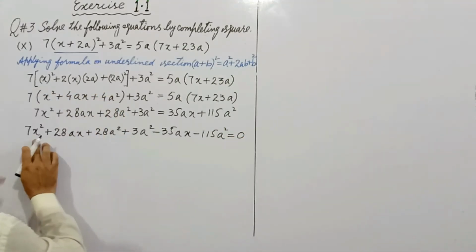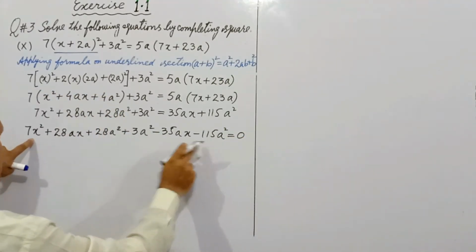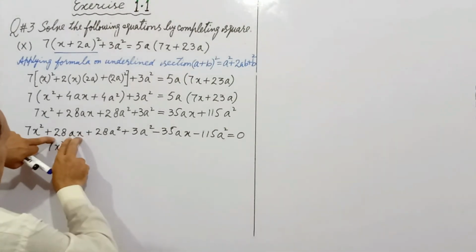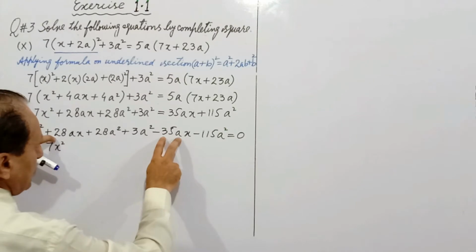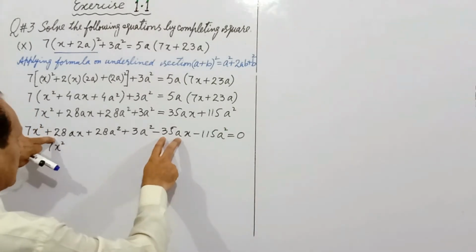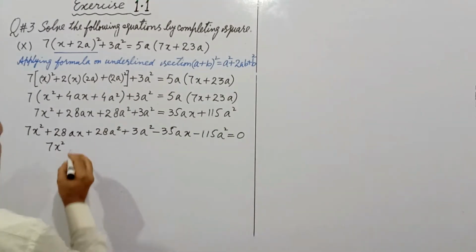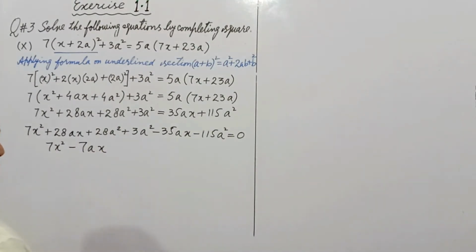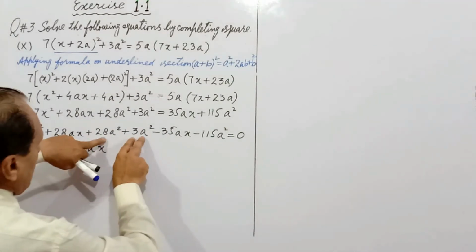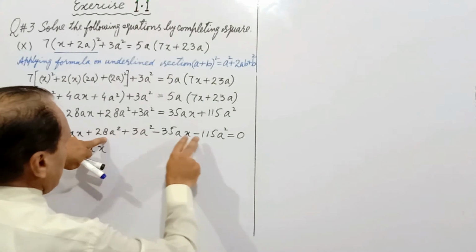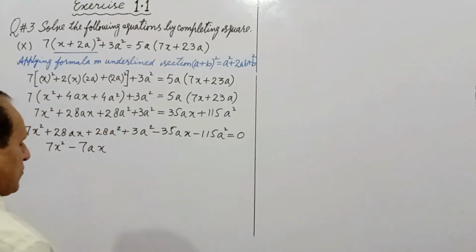7x square, there is no like term present in this, so we write it as 7x square. Whereas 28ax, we have 35ax. It means 28 minus 35, we get minus 7ax for the second term. 28a square plus 3, 31a square. 31a square minus 115a square.